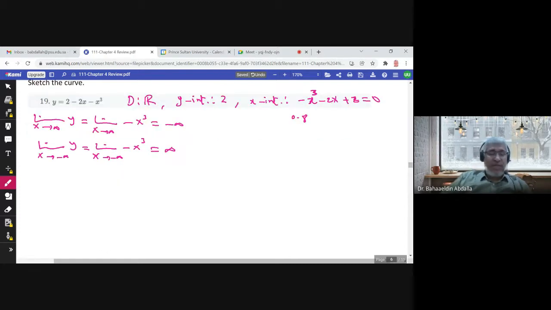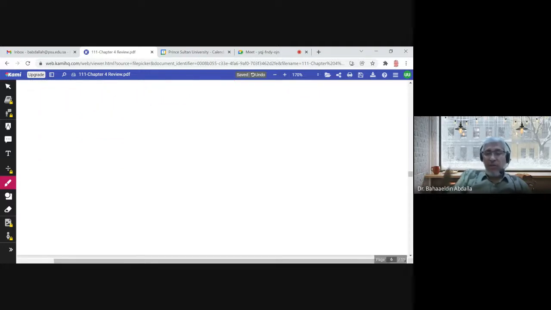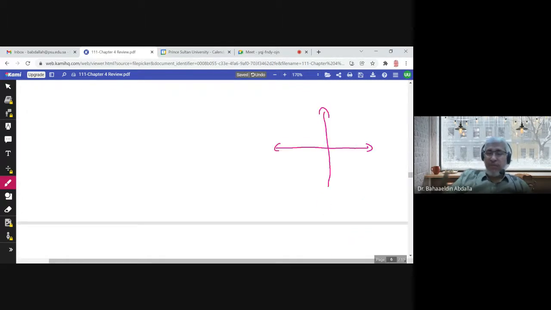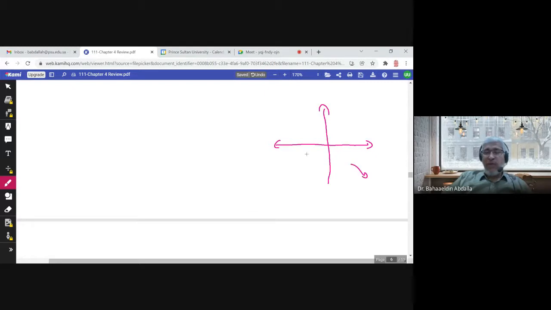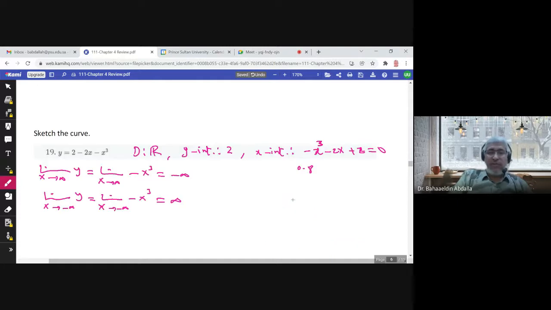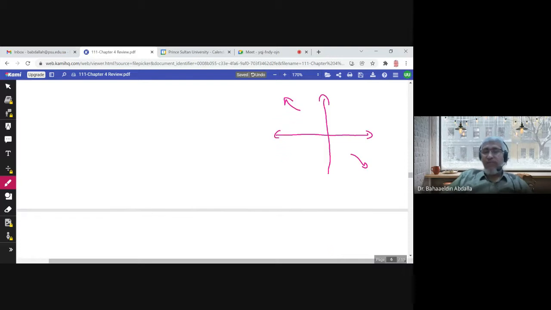So I understand now that when x approaches infinity, the function goes to negative infinity, and when x approaches negative infinity, it goes to infinity. Also, the y-intercept is 2, and the x-intercept is here, for example, 0.8.